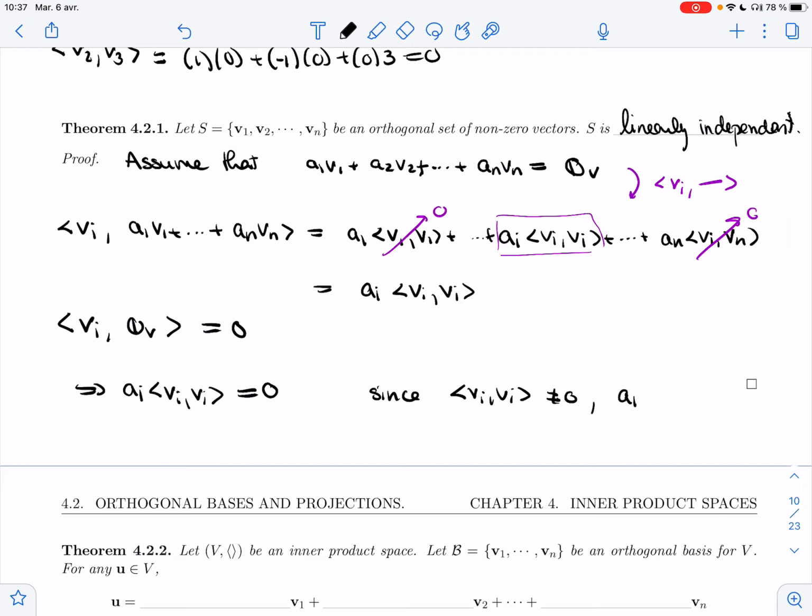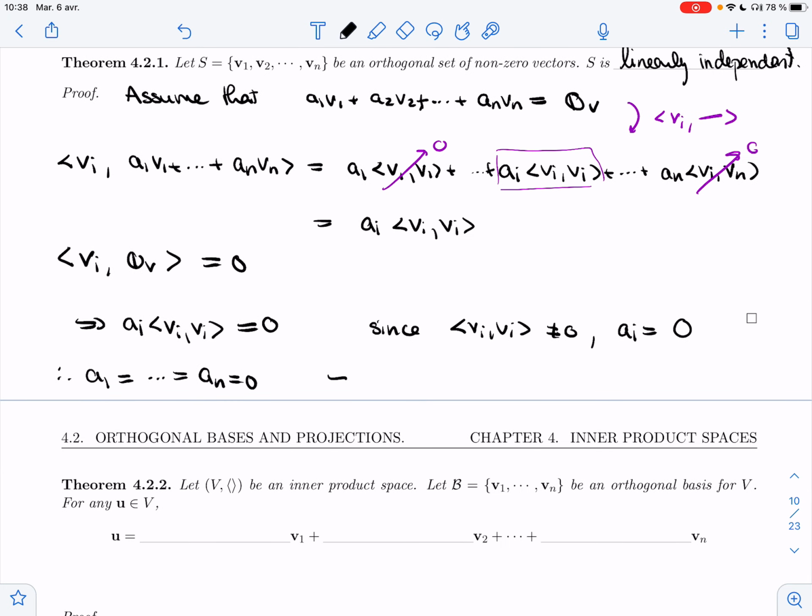We get that ai equals 0. And then that's true for all of them. You just have to dot it with different vectors, and so S is linearly independent.